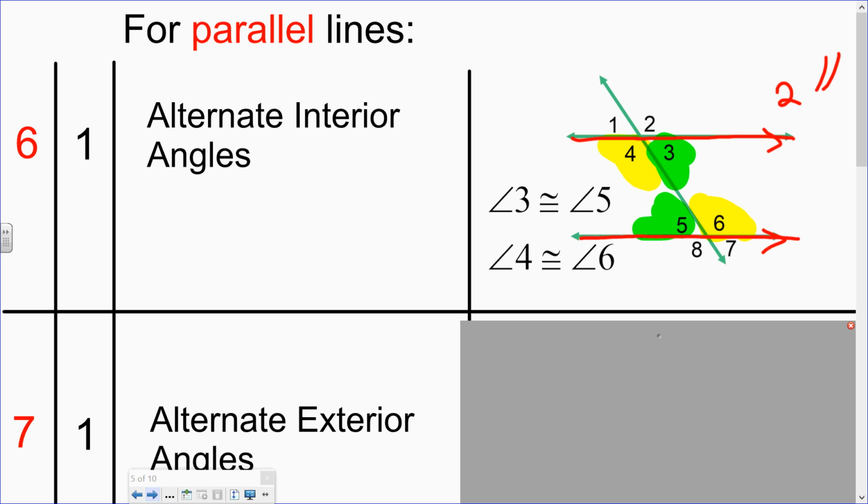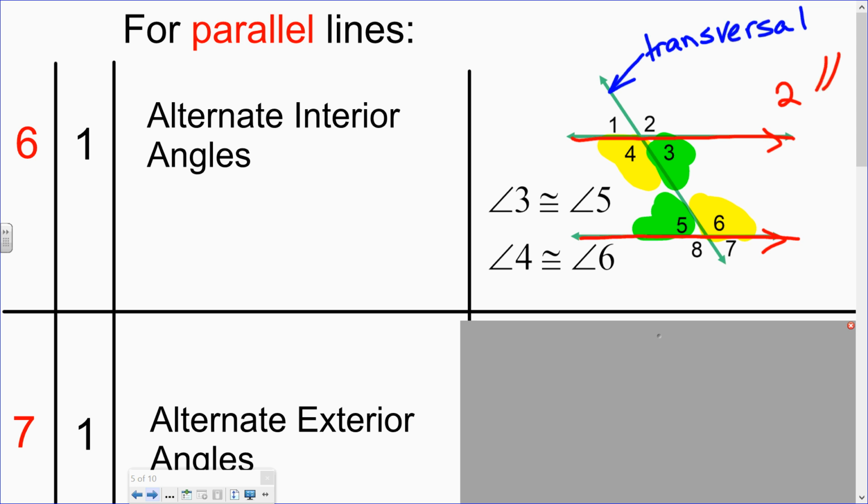So two parallel. And then we also have one that goes across both of those, and that one we call the transversal. Whenever we have two parallel lines like that, crossed by a transversal, we get 8 angles. You see I've numbered them 1 to 8. Could have done them in any order.